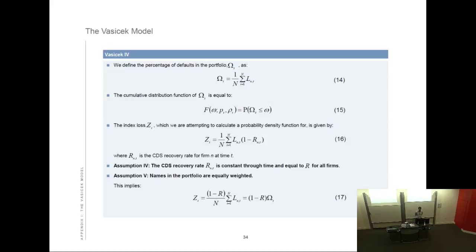It jumps by the proportion of names that have defaulted every time there's a default, and goes from 0 to ultimately 1.